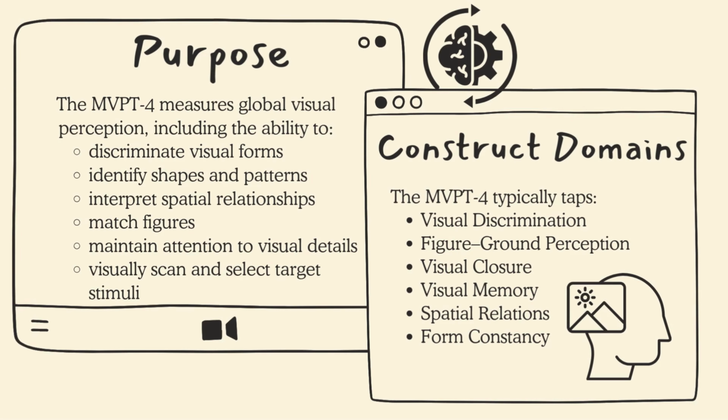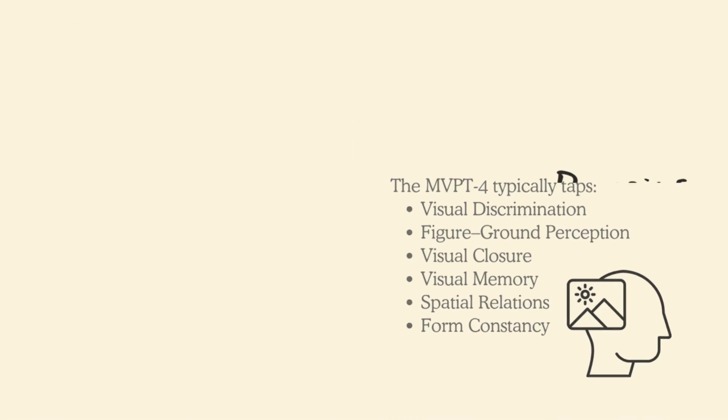The construct domains are visual discrimination, figure ground perception, visual closure, visual memory, spatial relations, and form constancy. However, even though these are domains of the test, it actually is a unidimensional measure, which means that they're all composited into one score. I'll get into more about that later on.